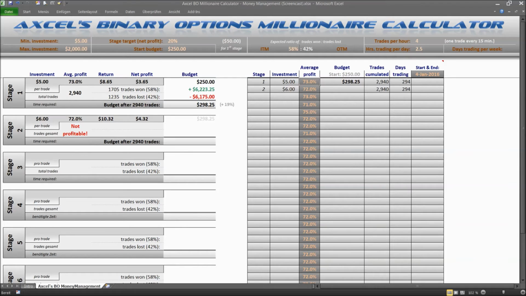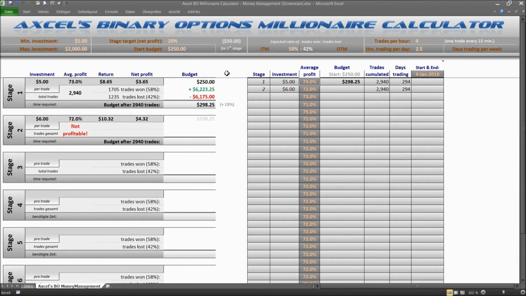But looking into the second stage, there is an average profit of 72%, and this is where you're not profitable anymore. So you are losing more money than you can actually win. And even in the first stage, you can see the very large value of trades you need to make in order to reach your target goal is an indication that you're really at the verge of being profitable at all.